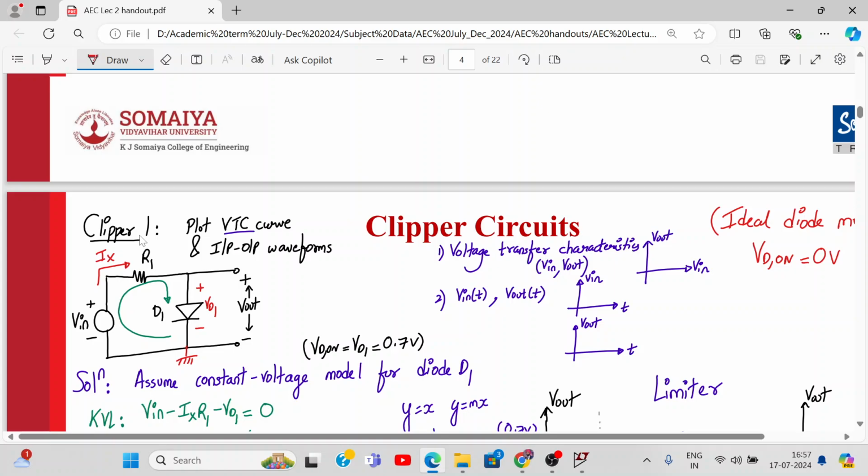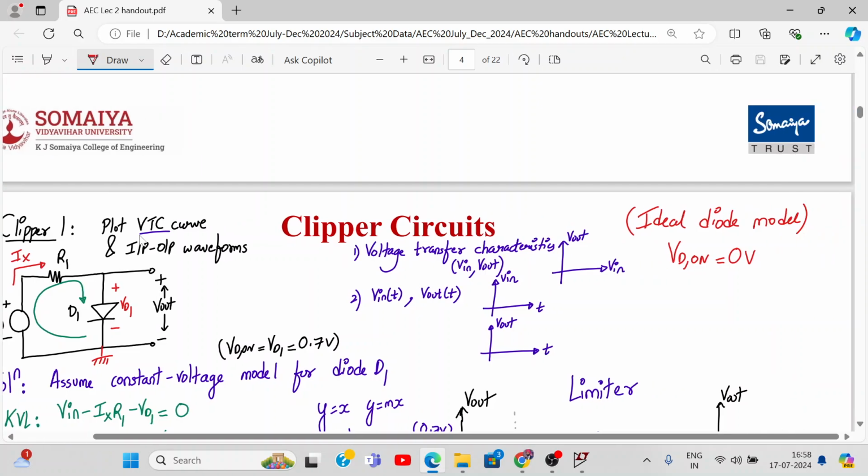Write down somewhere: the value of R1 should be selected higher than the on-state resistance R on of the diode.